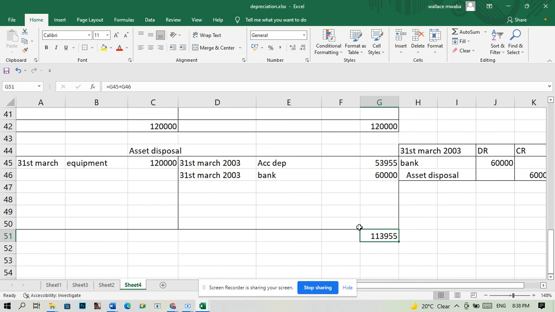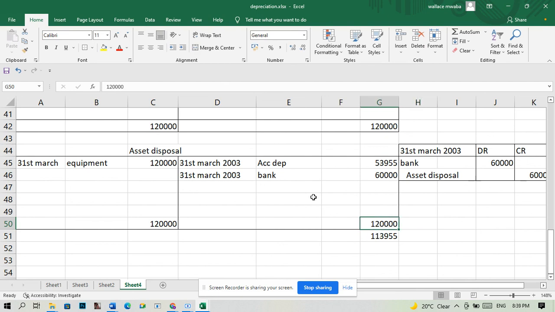So this one is less. So meaning we've made a loss. All right, we have made a loss. So we're going to record the higher amount, 120,000. Okay. So we're going to record our loss.